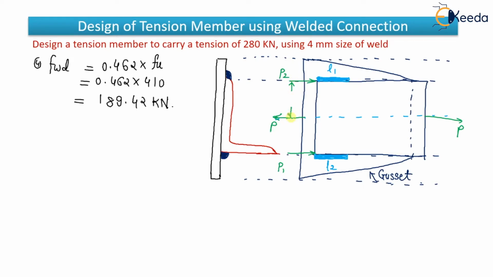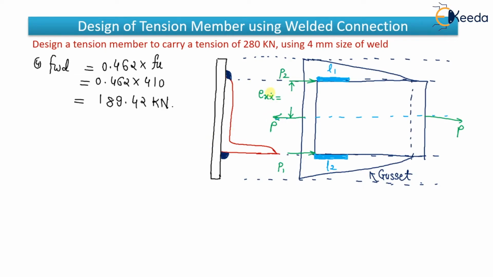This one is very important. This distance, let me show you in the steel table, not the IS code, and it is denoted by EXX. Let me show you what the value of this will be, so that you will easily understand from where I have taken this EXX value, and it will be useful in your calculations.